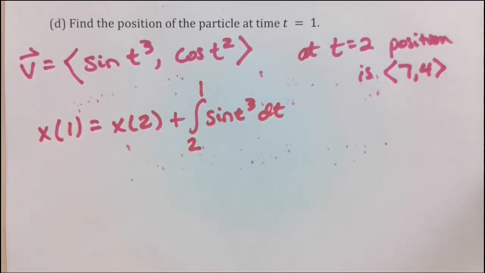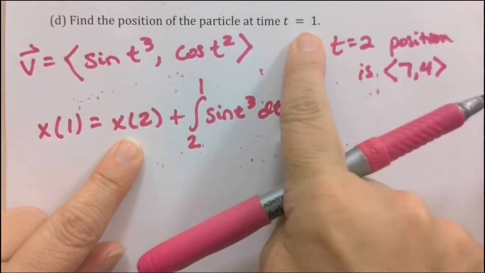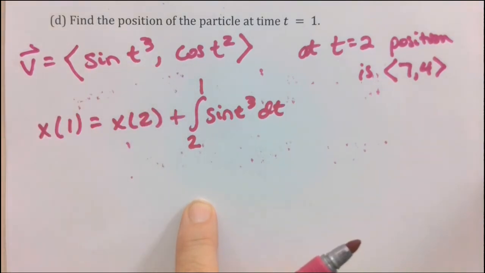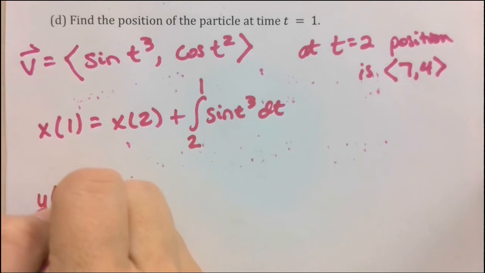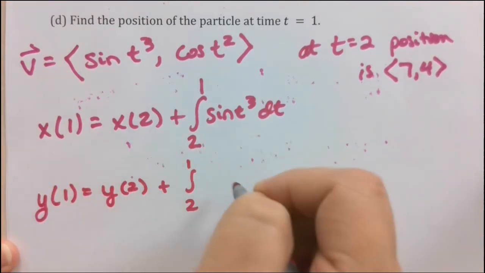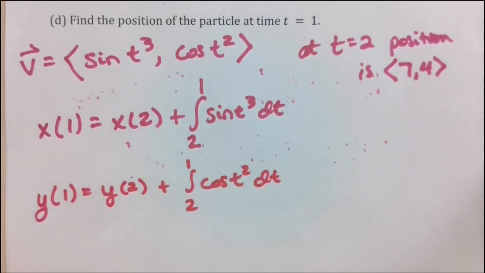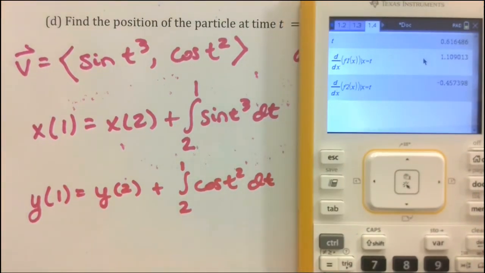It's a little bit awkward because we're actually going backwards. We're starting at t equals 2 and going backwards to t equals 1. My integral needs to reflect that. And let me go ahead and write the y. y of 1 is going to be equal to y of 2 plus the integral from 2 to 1 of cosine t squared dt. Then we can just do both of those integrals in our calculator.